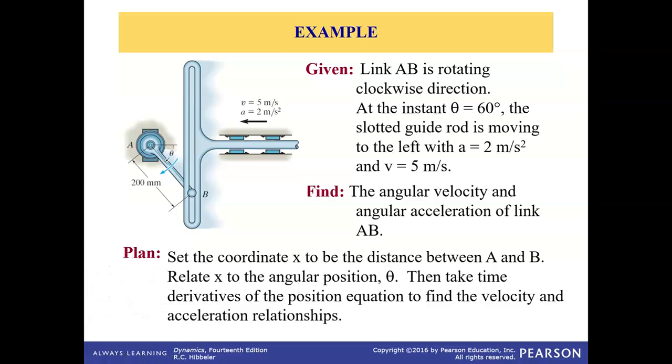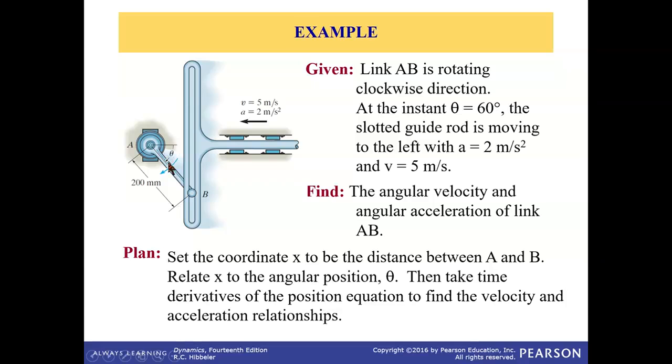So what's our plan? We need to define the coordinate system, and because this is only a one dimensional problem, the sliding rod moves only along x, not along y. We will use only position coordinate x that will define the position of the slotted rod with respect to the point A. And we relate that variable x with this angle theta.